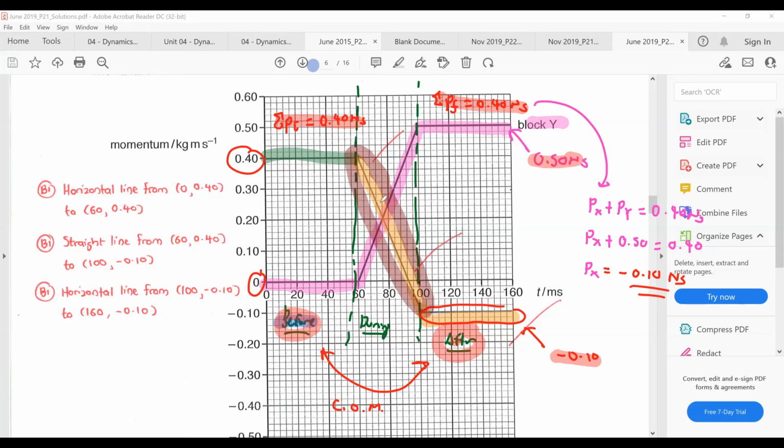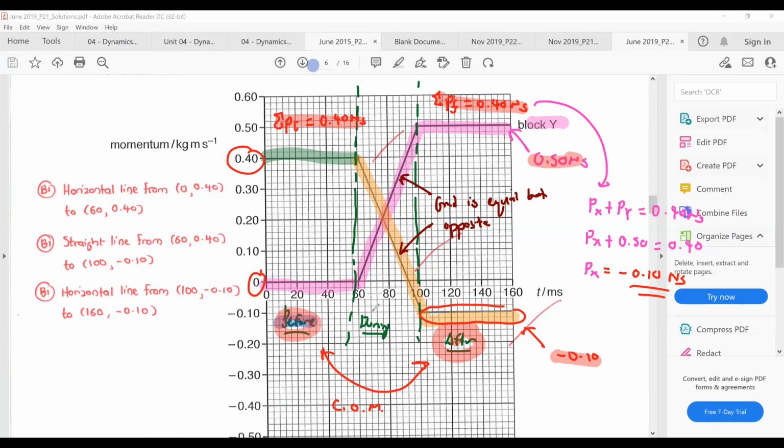Now you'll notice something a bit special about this line. The original line here and this new line here, the gradient is equal but opposite. One is pointing upwards, one is pointing downwards.